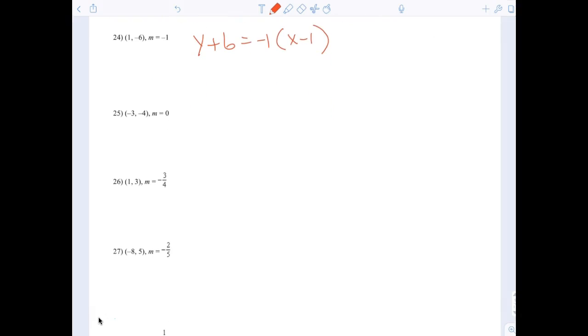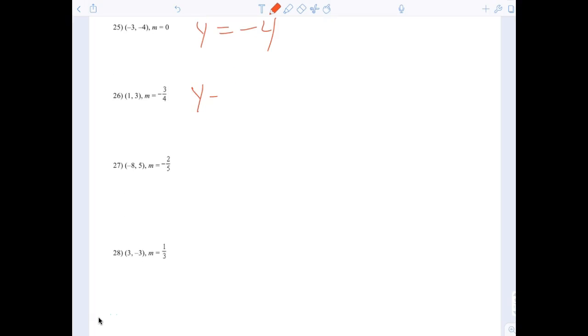Number 25, slope is 0, y equals -4. Everybody good with that? As soon as you know the slope is 0, it's just y equals whatever the y value is. 26. Y minus 3 equals negative 3/4 times x minus 1.